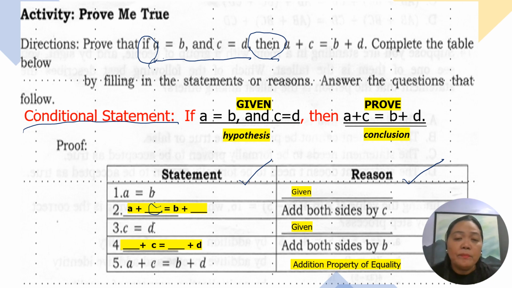Can you see C? Or probably we can change the color.